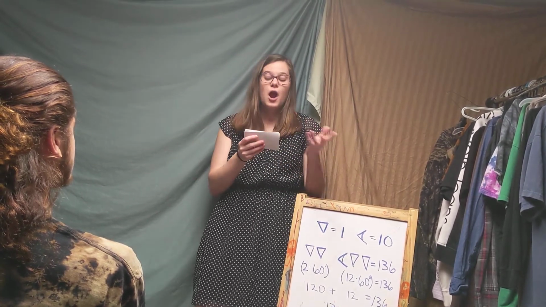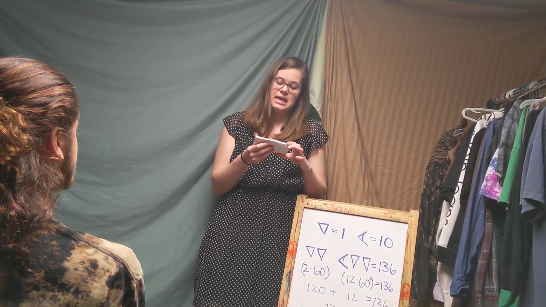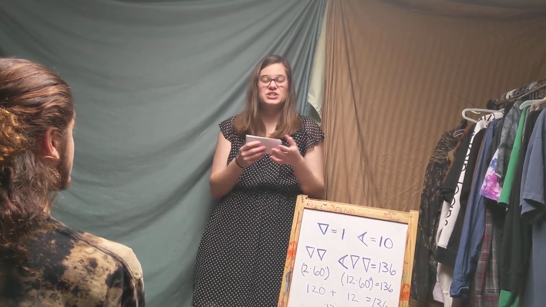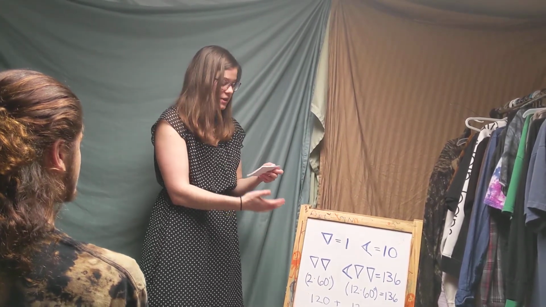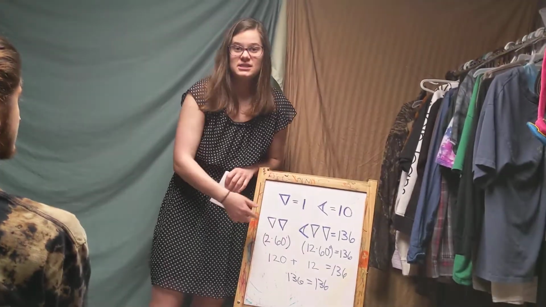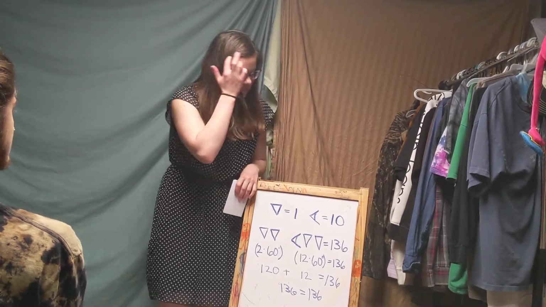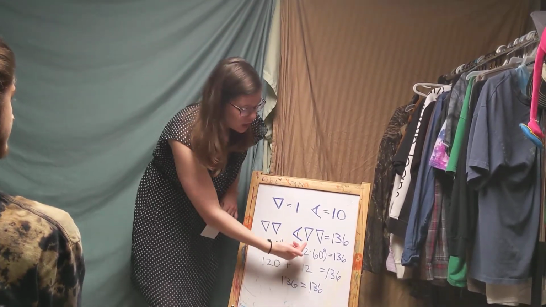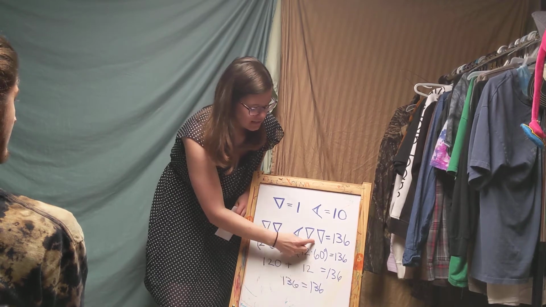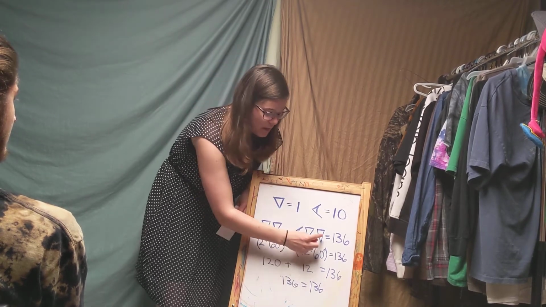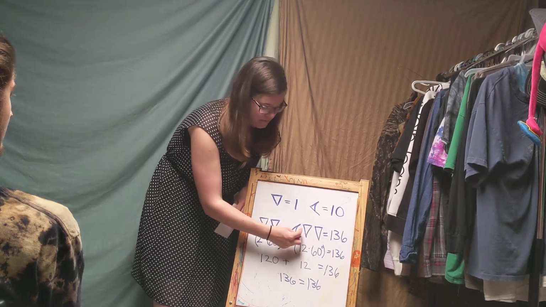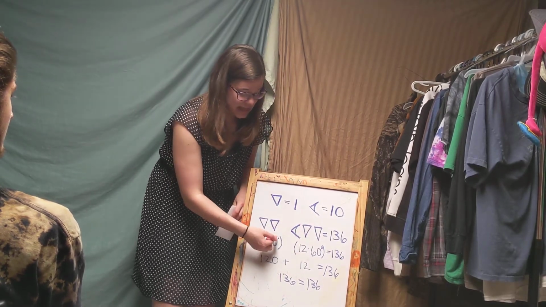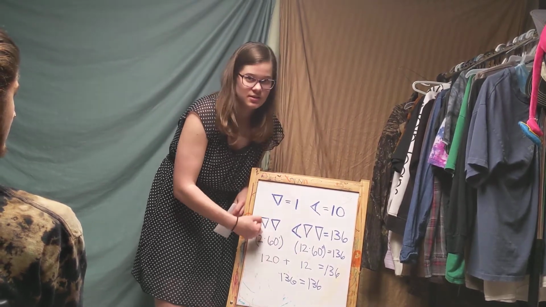A drawback of this numeration is the lack of 0, which causes some ambiguity when trying to decipher the value. So 136 could be interpreted several ways. Here, it's hard to decide whether or not this is 60 to the first power, 60 to the second power, 60 to the 0 power, and this could be 60 to the second power, 60 to the third power.